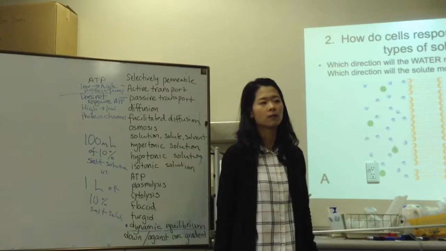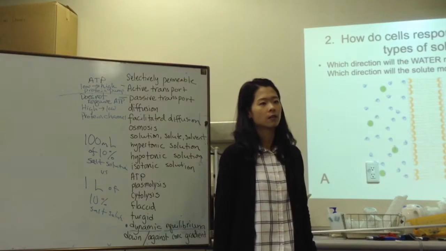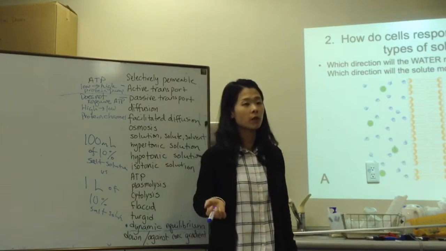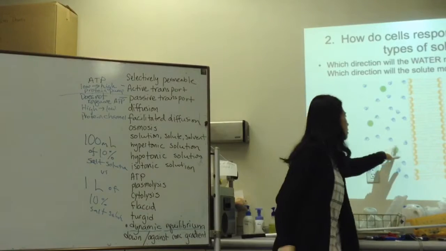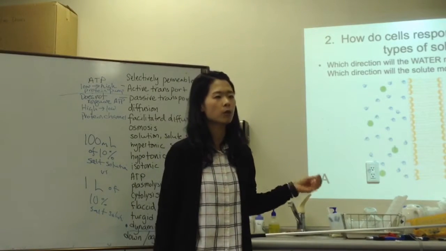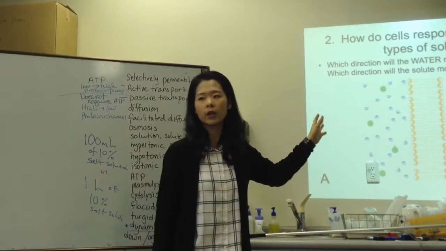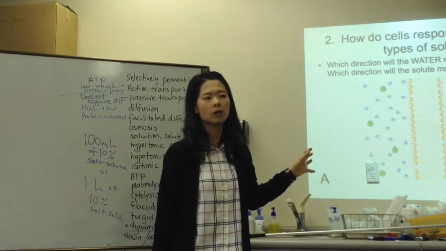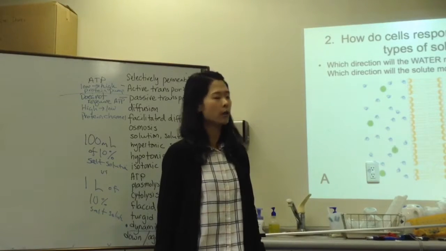Usually the membrane is permeable to water anyway, but permeability to the green dots depends. So if the information says it's permeable to both substances, then what? If it's only permeable to one thing, then what? Look for that information.